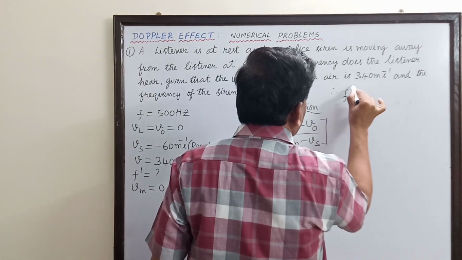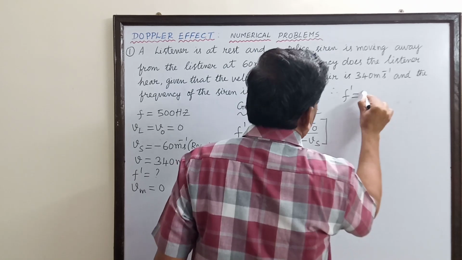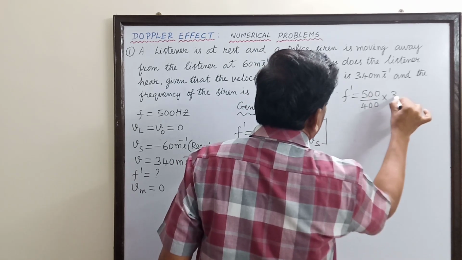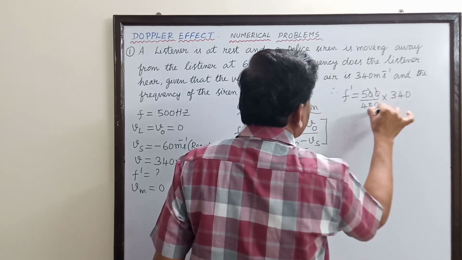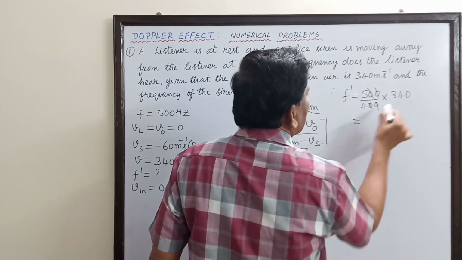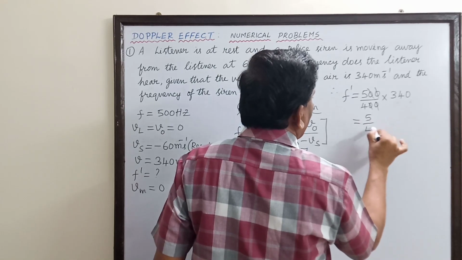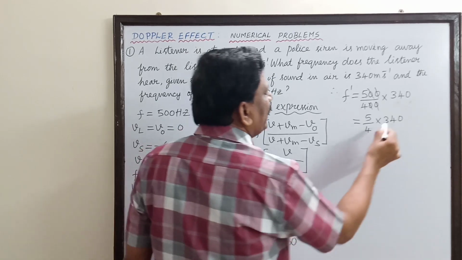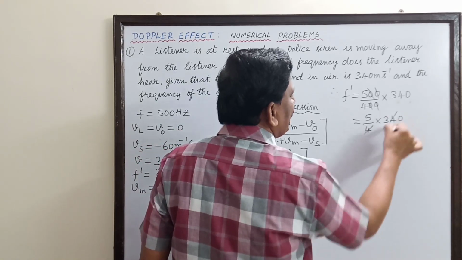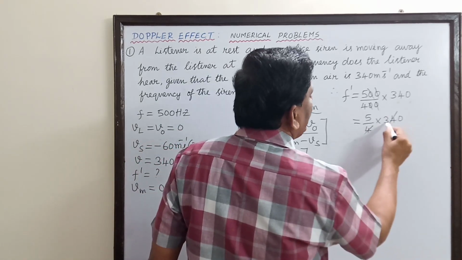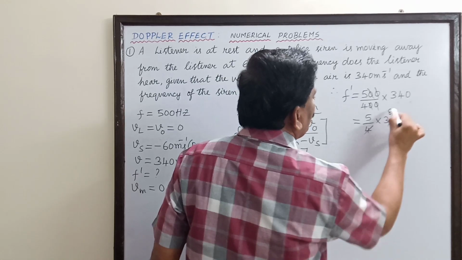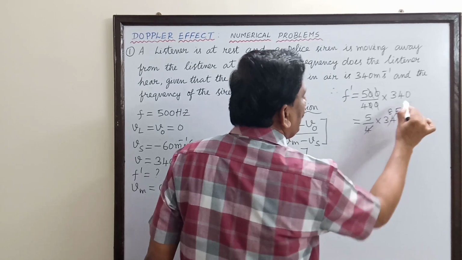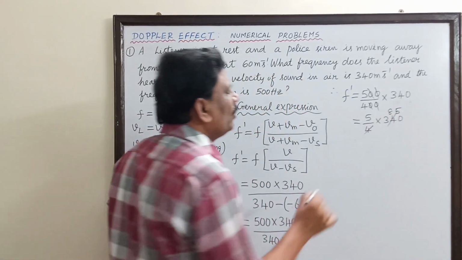Therefore, the apparent frequency F dash is equal to 500 by 400 into 340. So this is 5 by 4 into 340. 340 divided by 4: 8 fours are 32, and the remaining 20, 5 fours are 20, so 85.